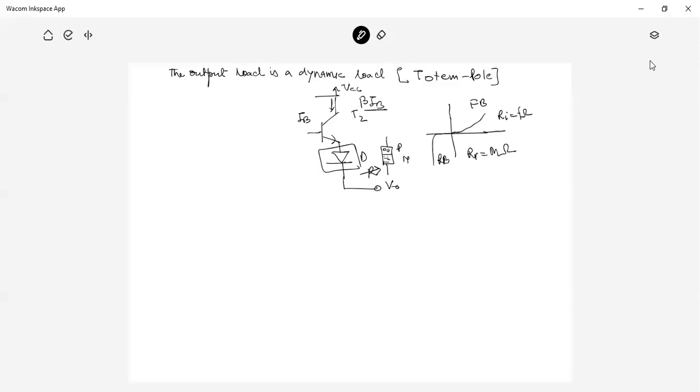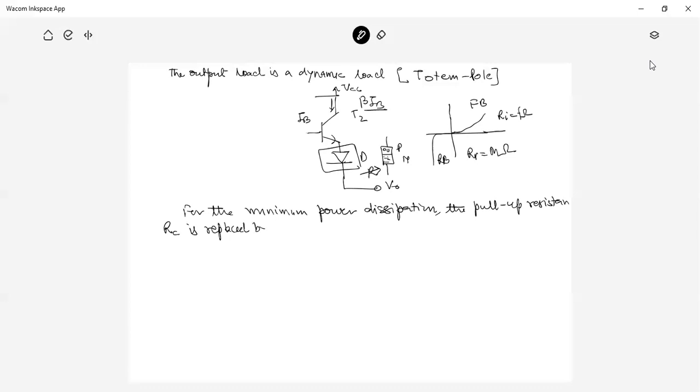So for minimum power dissipation, the pull up resistance RC is replaced by the active device, transistor T2 and diode D.